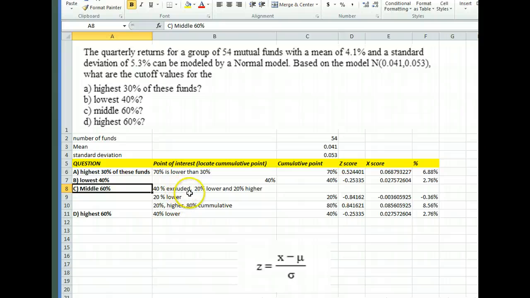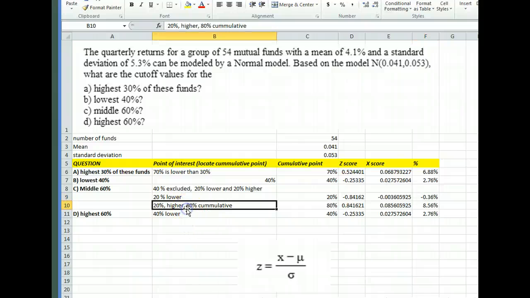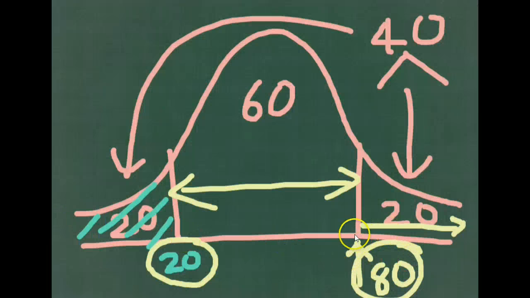40% is excluded, which means 20 is lower and 20 is higher. 20% lower means the cutoff point is 20%. I copied the formula here. That happens at minus 0.36% return. 20% on the high side, which means I'm interested in an 80% cumulative value, which is this point here.